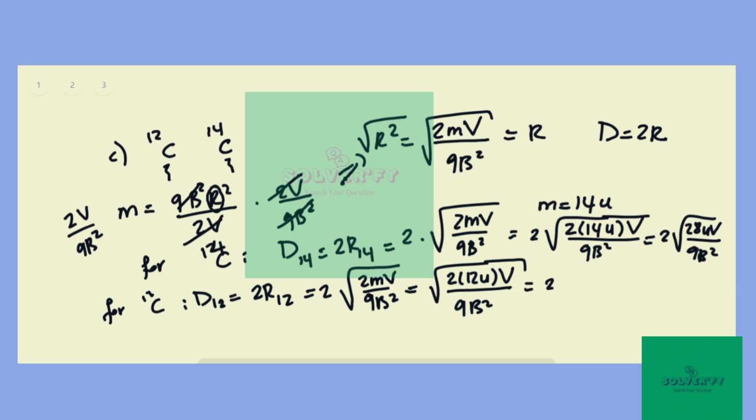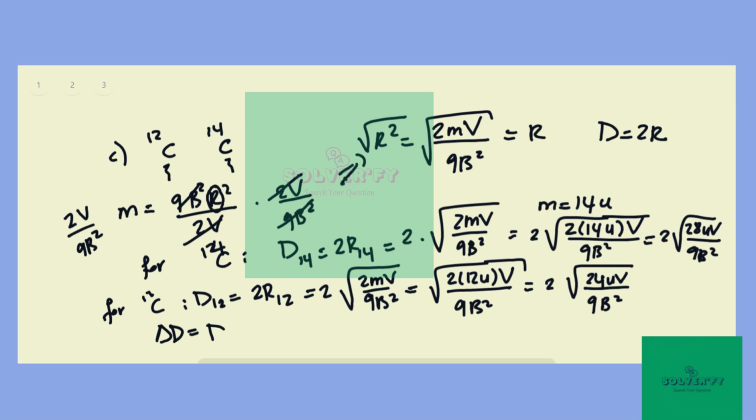Then we have 2 square root of 24uV over qB squared. Now, we want to know if we can distinguish carbon-14 atoms from carbon-12. So we're actually looking at the difference between the diameters. So delta D is what we're looking for.